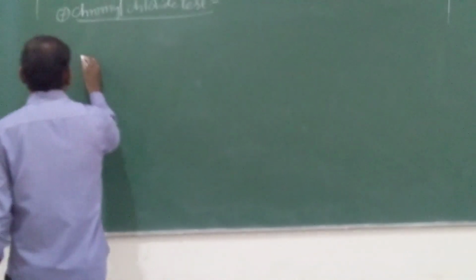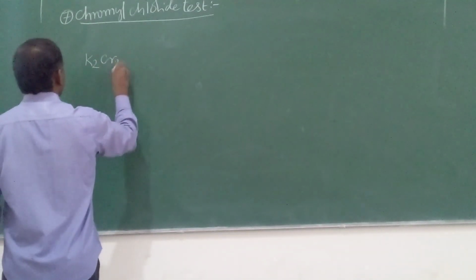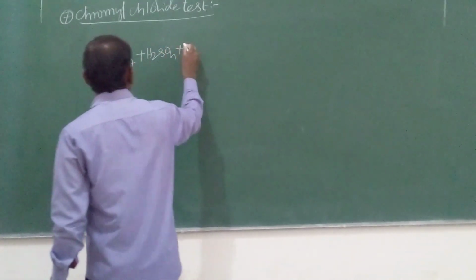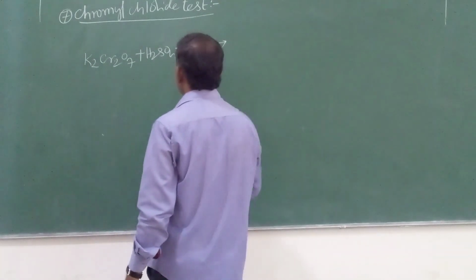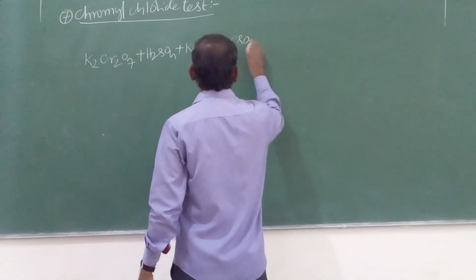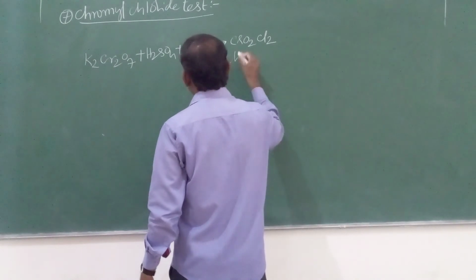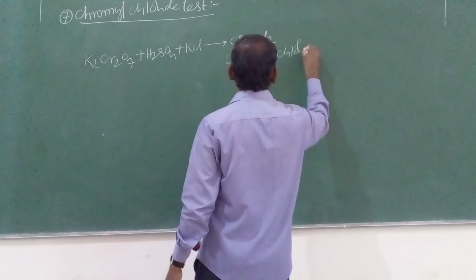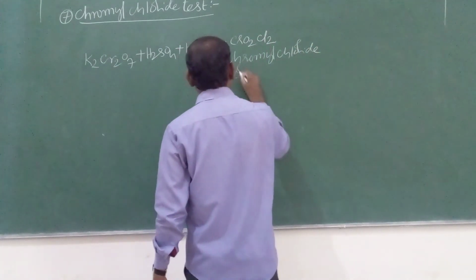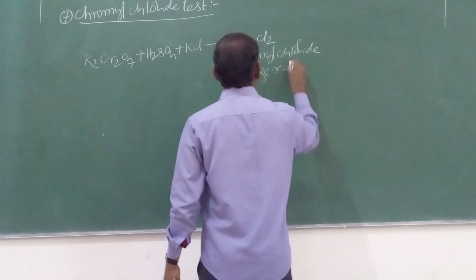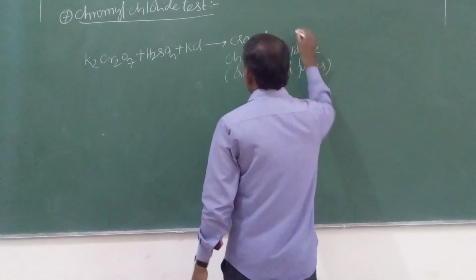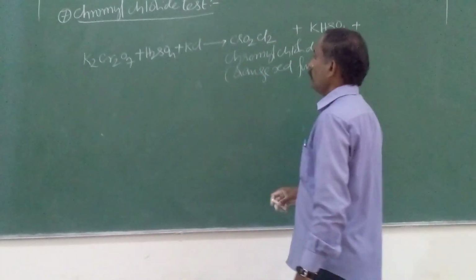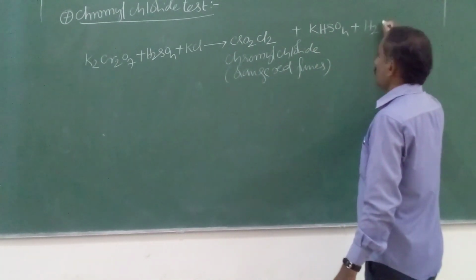See here, write the reaction. K2Cr2O7 plus H2SO4 plus KCl gives rise to CrO2Cl2, it is chromyl chloride, orange red fumes, plus KHSO4 plus H2O.